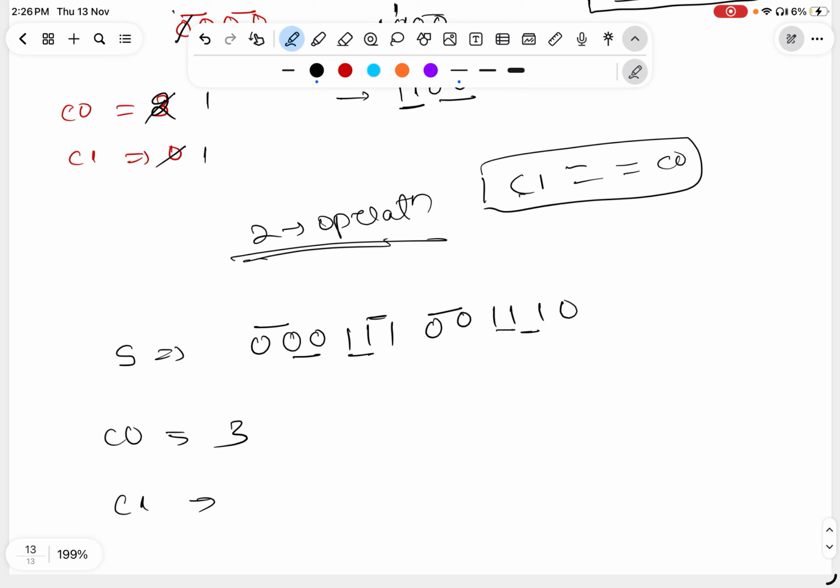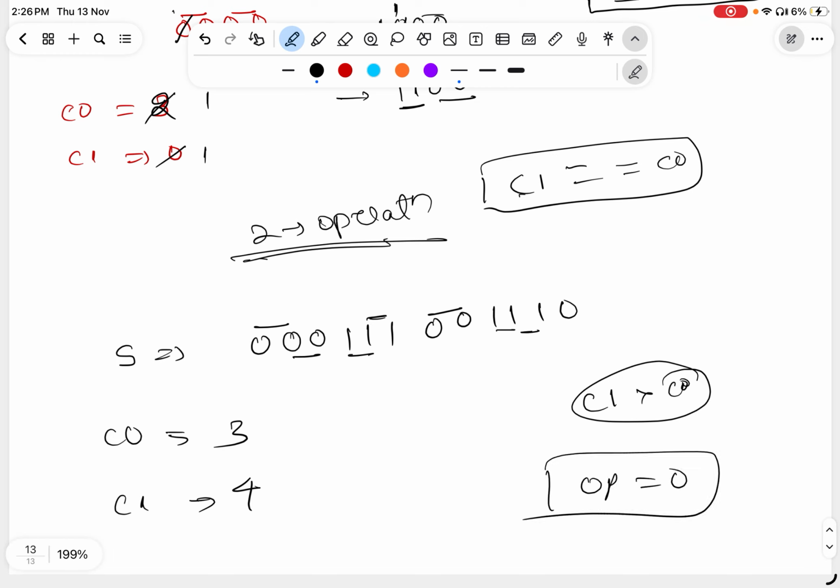I have 4 C1s. Now here C1 is greater than C0, so I need not perform any operation. If my C1 is initially greater than C0, I need not perform any operations, and the minimum number of operations will be 0.